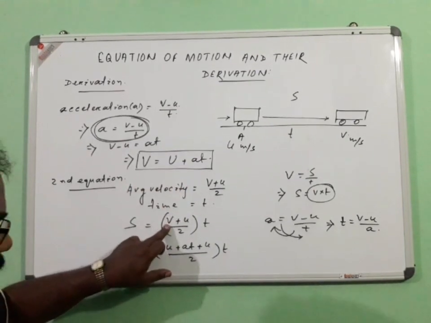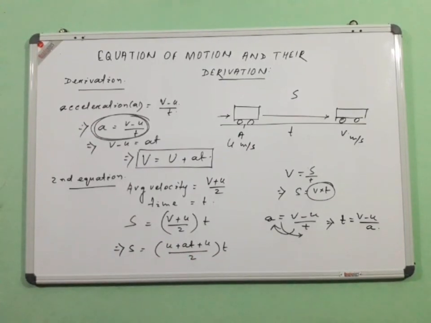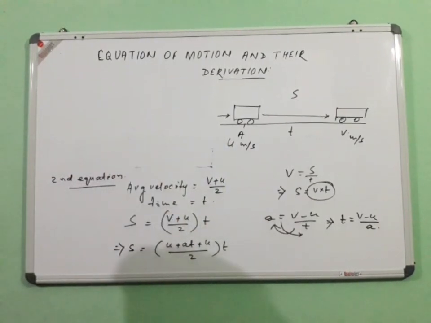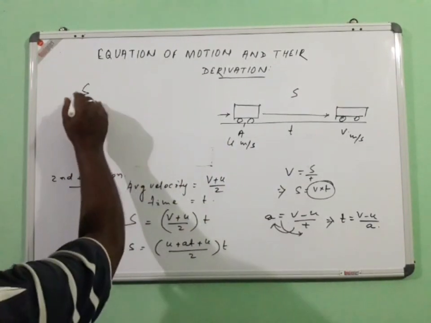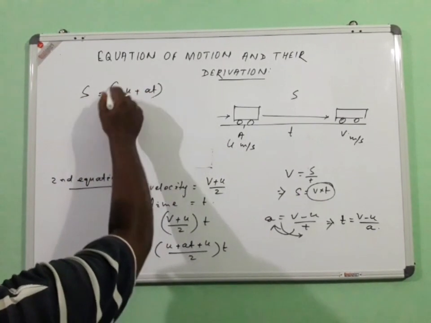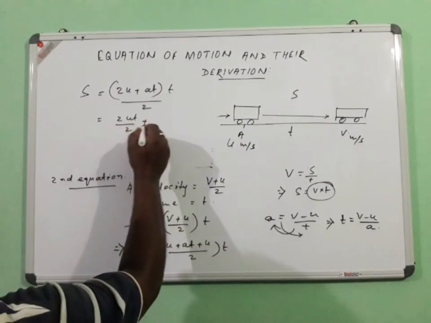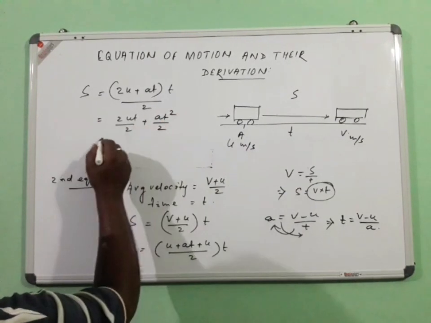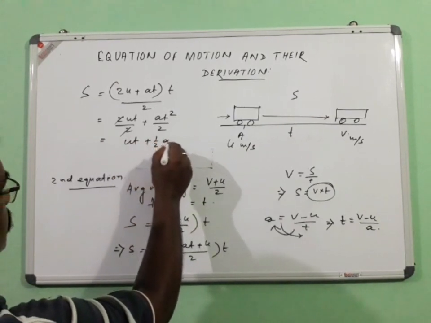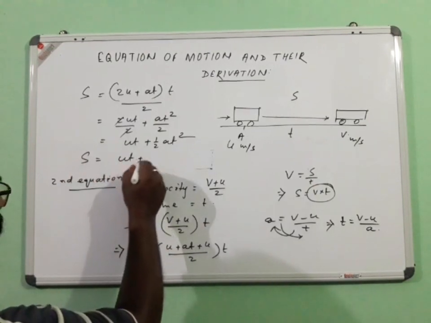Substituting the value of v from the first equation, v = u + at, we get s = (u + at + u)/2 × t. Therefore s = (2u + at) × t/2, or 2ut/2 + at²/2. Cancelling the 2, we get ut + ½at². So the distance covered s is equal to ut + ½at².